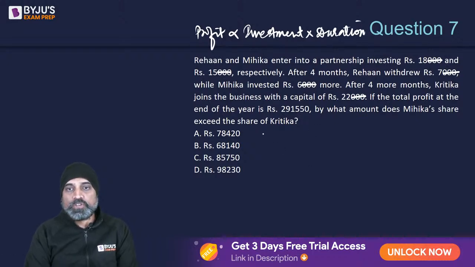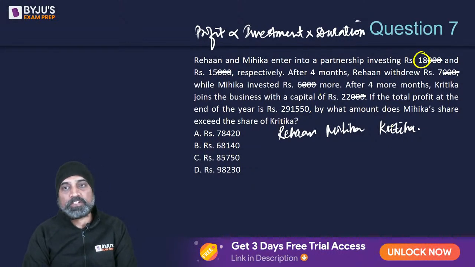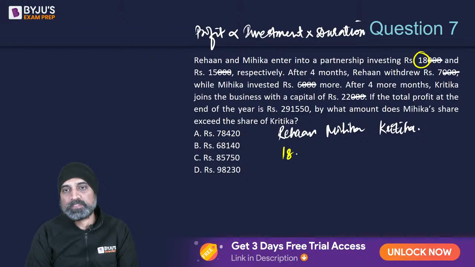Okay, so if we talk about Rehan, and then we have Mihika, and then we have Kritika, right? These are 3 people. So if we talk about Rehan, he put in 18 rupees for the initial 4 months, right? And if we talk about Mihika, she put in 15 rupees for the first 4 months.